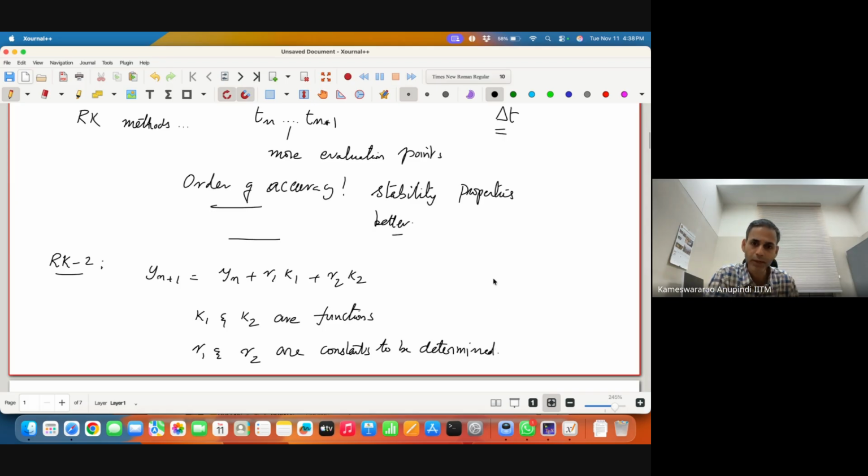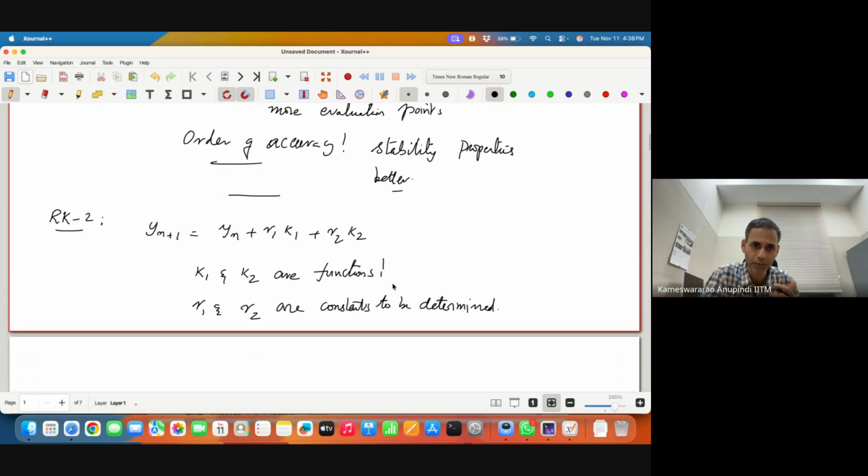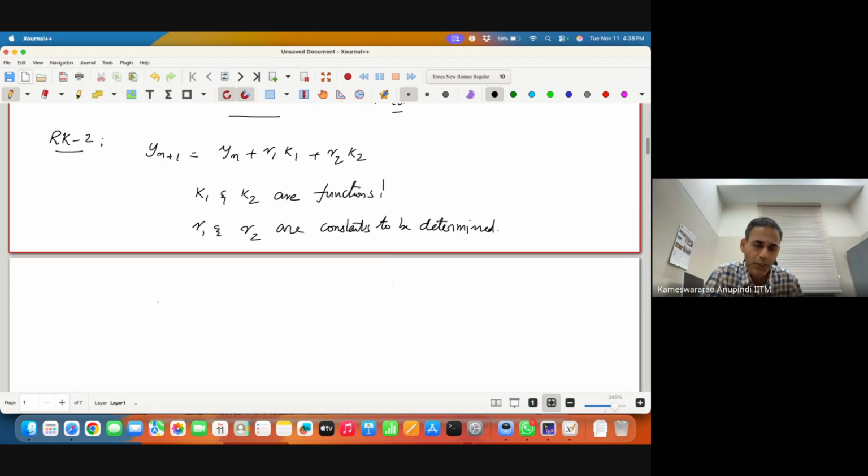Okay, k1 and k2 are functions. So these are essentially functions that are based on the right hand side, whatever we get in the differential equation. But what is the differential equation we want to solve? We want to solve y prime equals lambda y, or in general, y prime equals f of t comma y. So we want to solve dy by dt, which is also y prime equals f of t comma y.